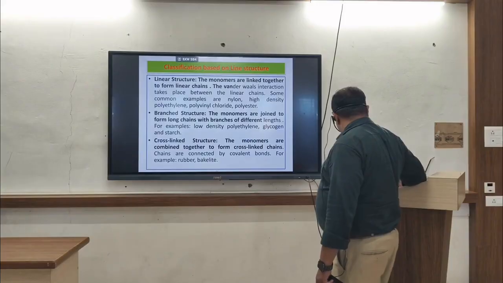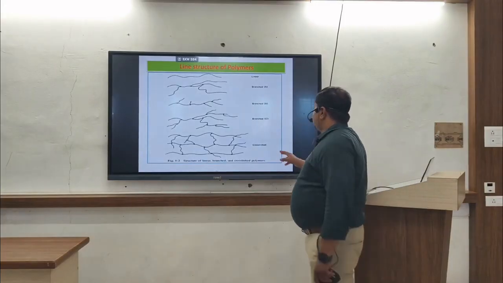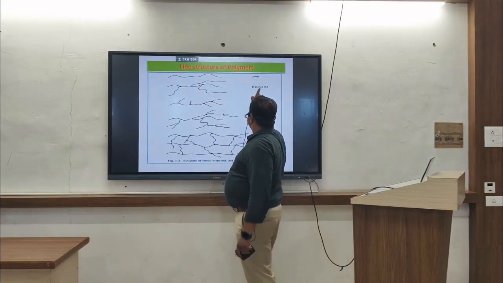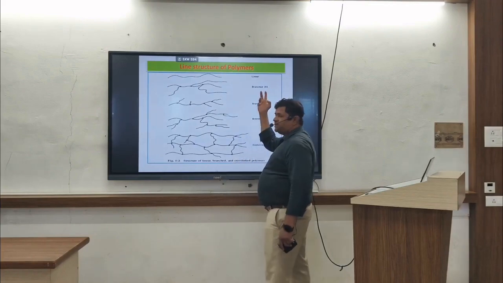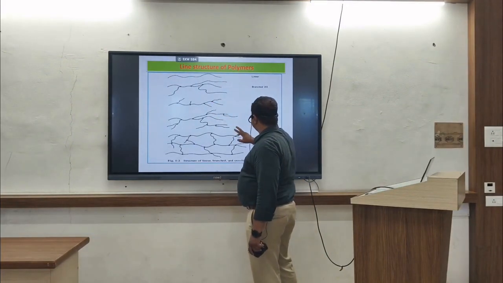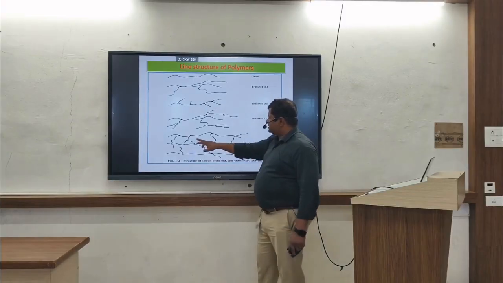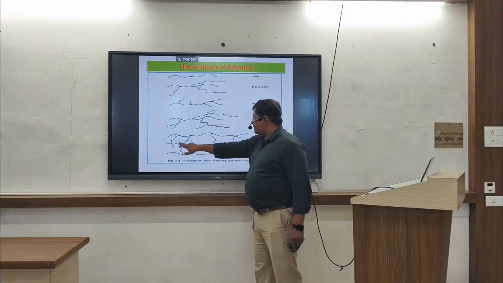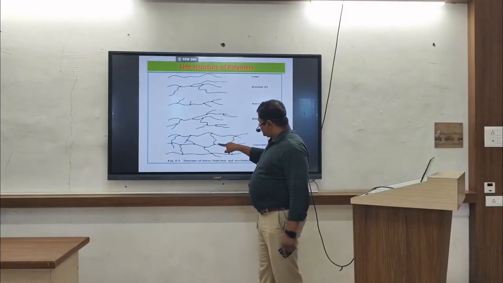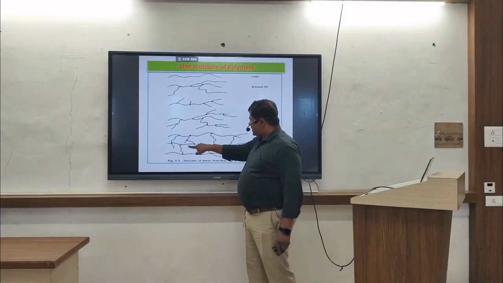If you see the diagrams, this one is the linear polymer, only one line is there. This one is branched, where A, B, C type branches might be there. In the cross-link, you can see three polymers parallel to each other, connected with the help of links.